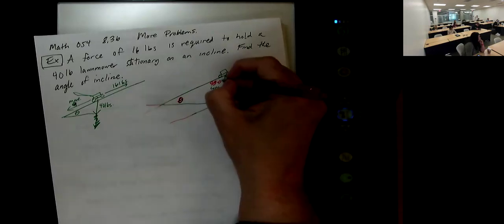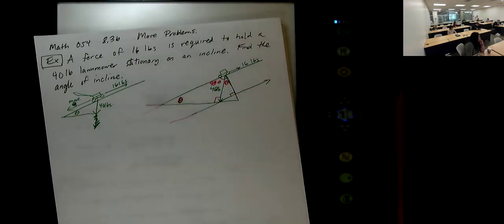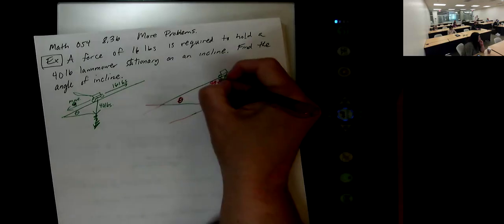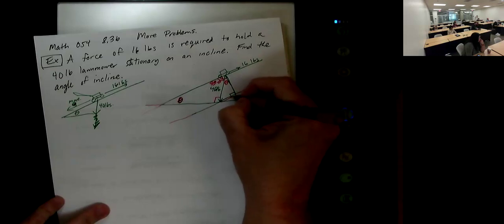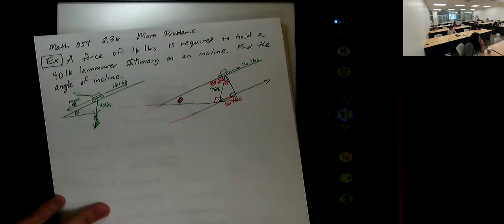And then this angle has to add to 90 as well, so we can see that's theta as well. You don't have to just take my word for it from alternating interior angles. We can see it from there. So 90 minus theta is that, but this whole thing is a right angle now. So this is the 16 going right there, because they're pointing in the same direction.